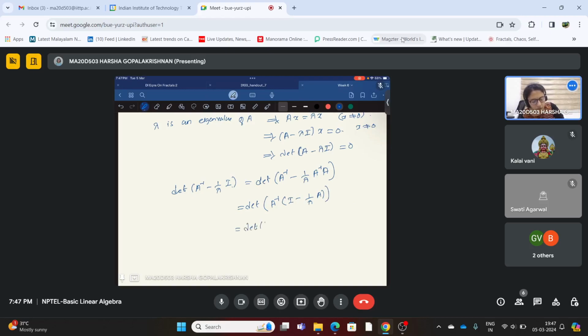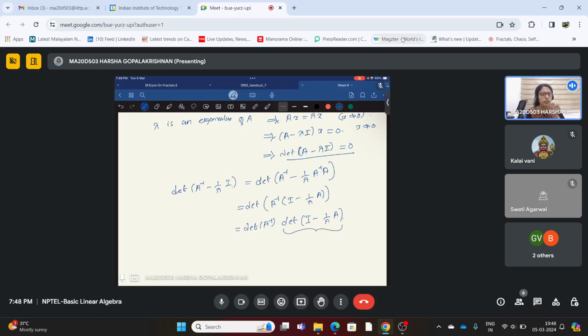Now, determinant, I can split determinant of A inverse into determinant of I minus 1 by lambda A. Now, the only thing we know is determinant of A minus lambda equal to 0. How can I convert this?